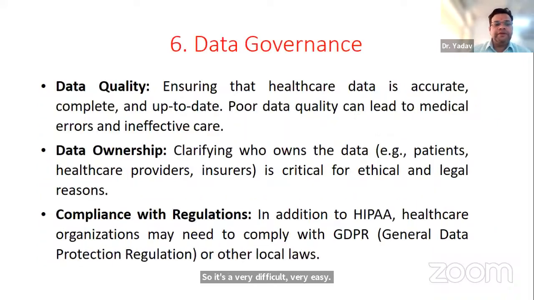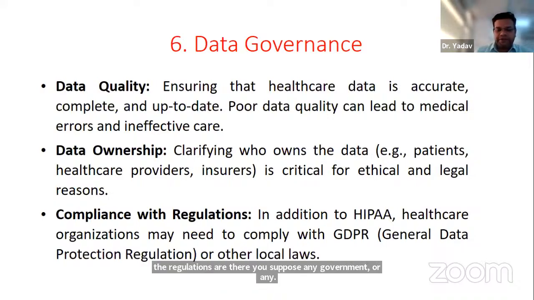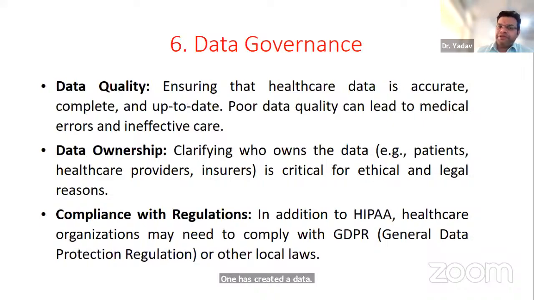Okay, then data governance. Data governance means how we are governing the data, what regulations there are. Suppose any government or anyone has created a source data mechanism for the data collection, storage, and integration.